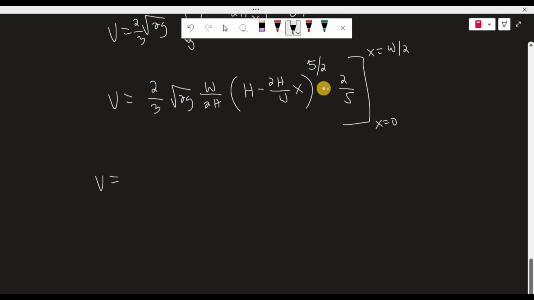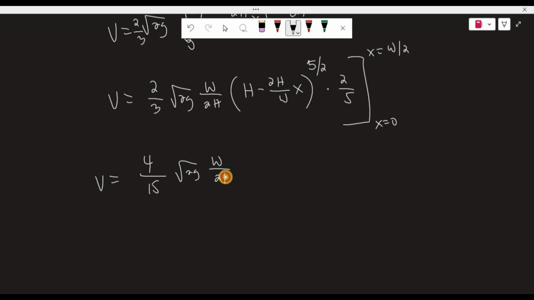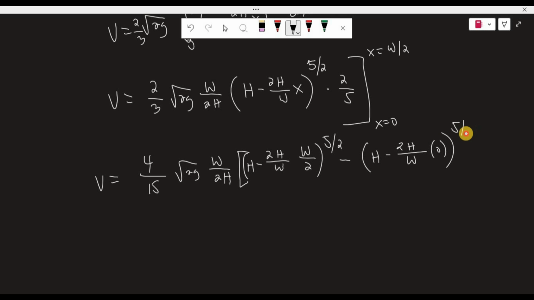So for the volume, 2 times 2 is 4, 3 times 5 is 15, and then square root of 2g, w over 2h, h minus 2h over w, plug in w over 2 for x, and then raised to 5/2, and then let's plug in the lower limit, which is 0 to the power 5/2.